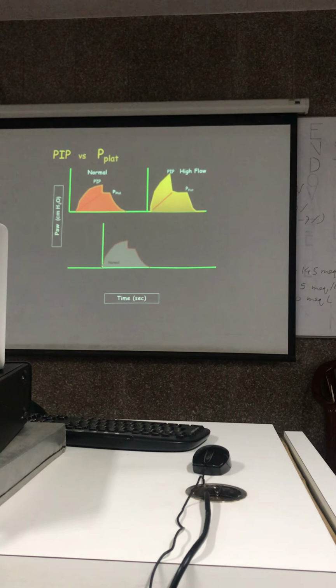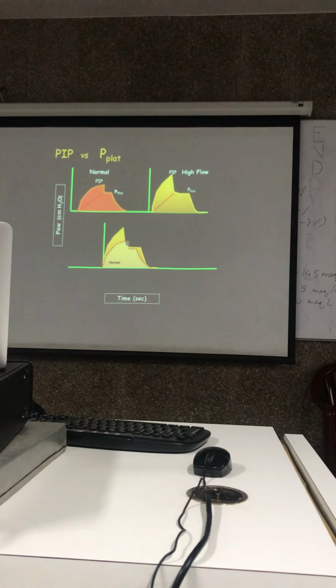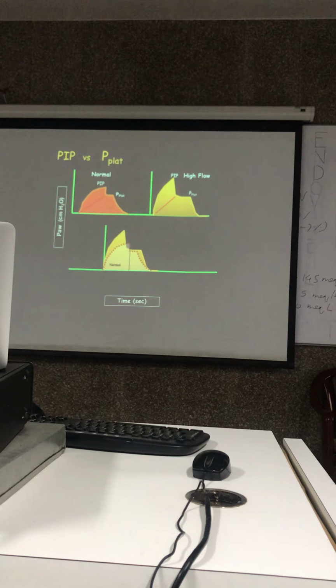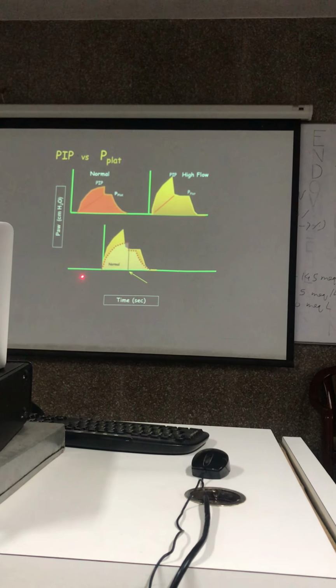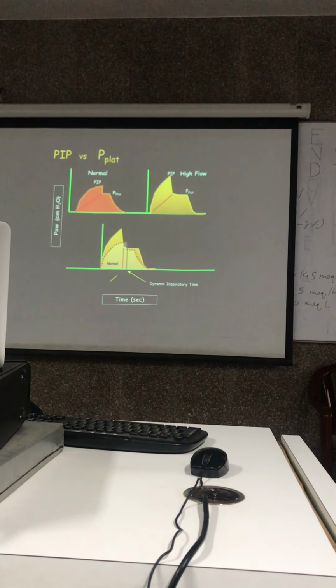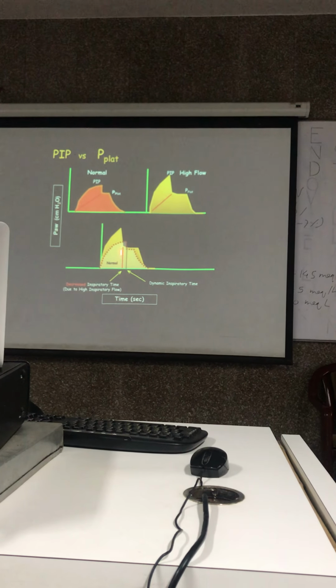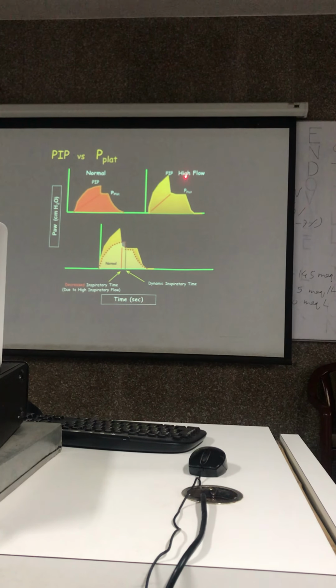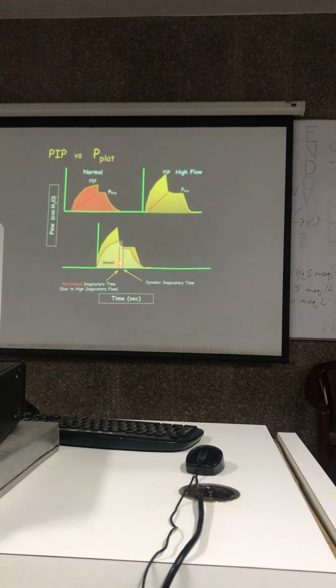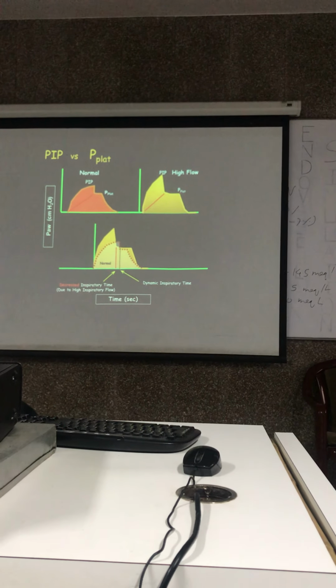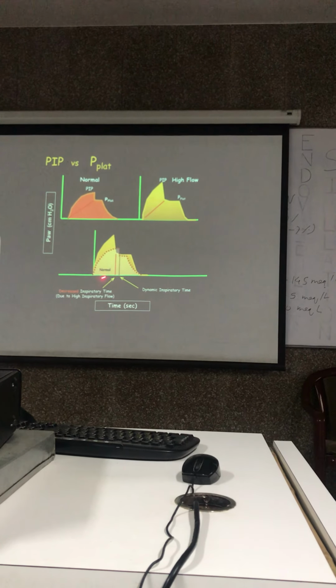Now, this is when the flow is very high, the same thing as I said. If you look at the pattern here, you will realize that when you cut across in a high flow, the peak inspiratory pattern gives what is called a dynamic inspiratory time.